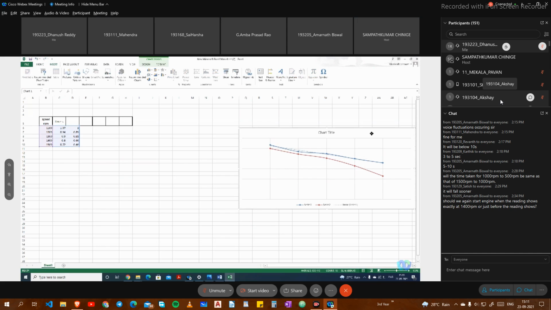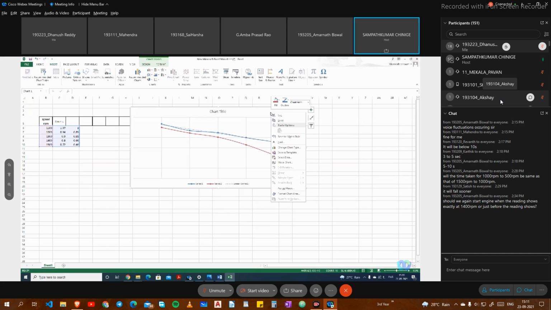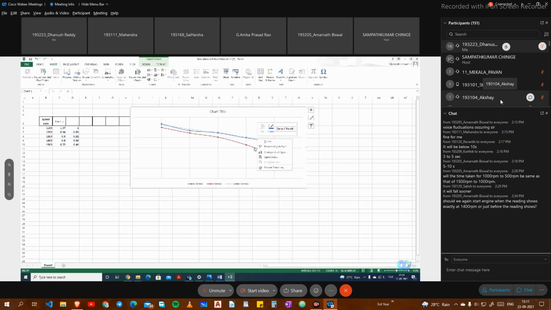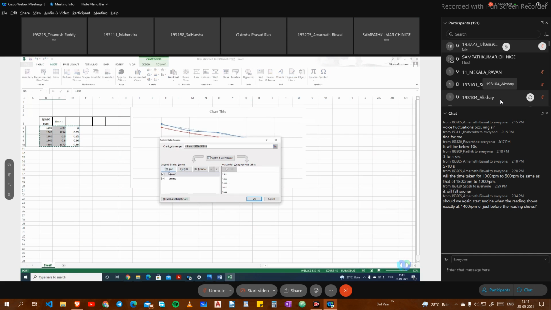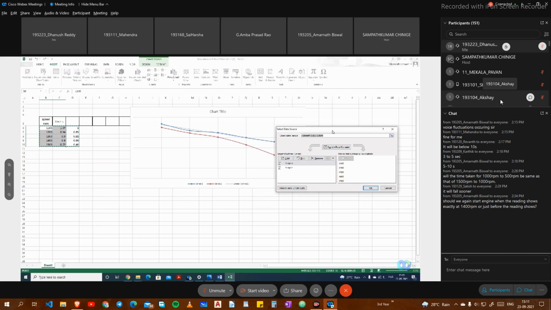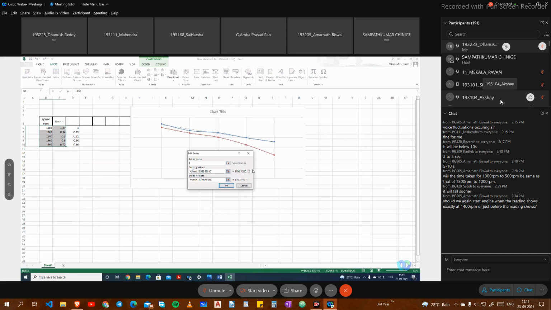So I think we can. This is series 1 and series 2. Series 1 is blue color. Series 1 is no load. This is no load.